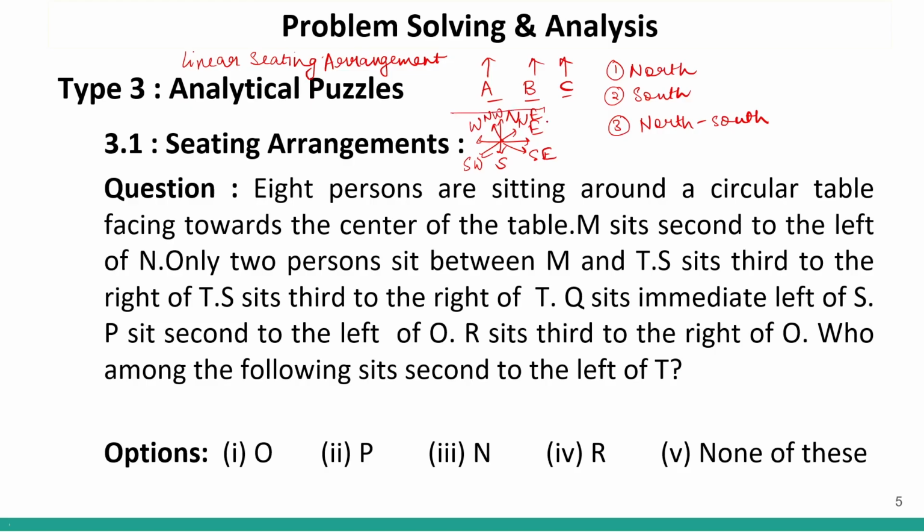Correct? Something like this. This we discussed in following directions. So now you can get a possibility that everybody is facing north, or second possibility that everybody is facing south, or you could get a possibility that let's say A and C are facing north and B is facing south. So either of the three possible questions you can get. Okay, this is linear seating arrangement.